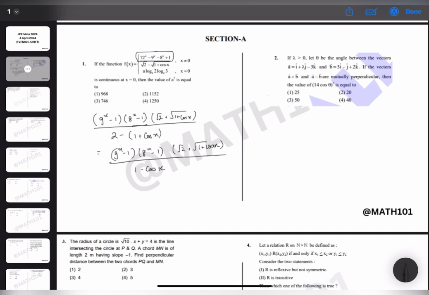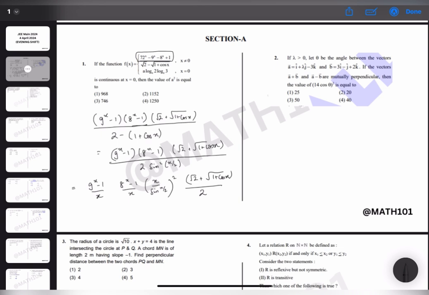One minus cos x is the same as 2 sin squared x by 2. So this is (9^x - 1)/x times (8^x - 1)/x upon (sin(x/2))^2 times (root 2 + root of 1 + cos x) upon 2.